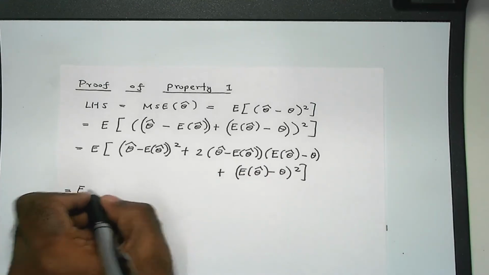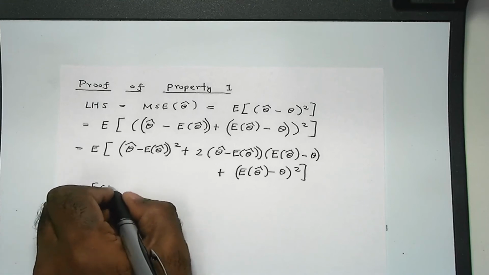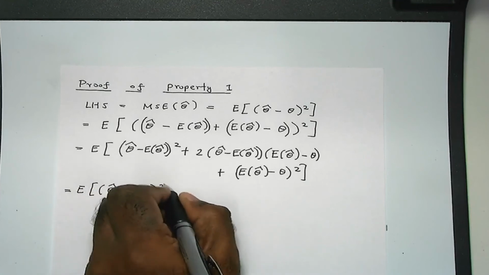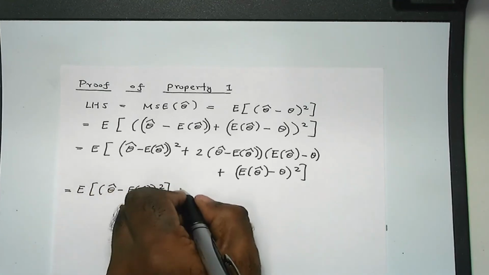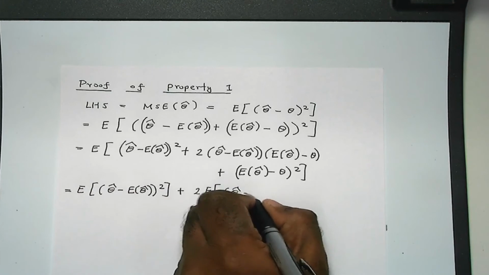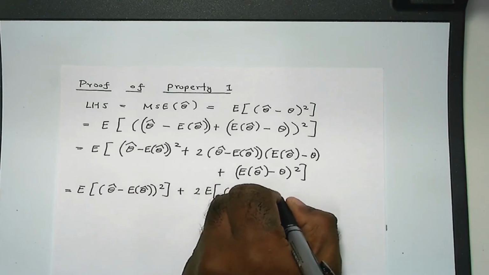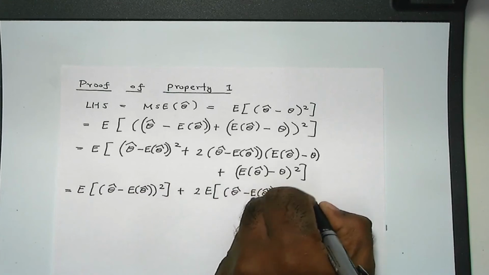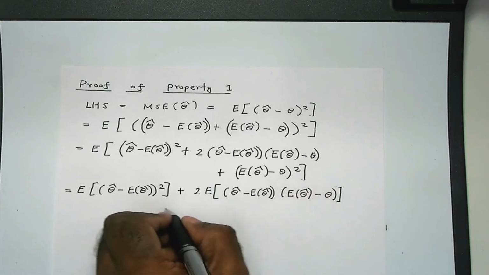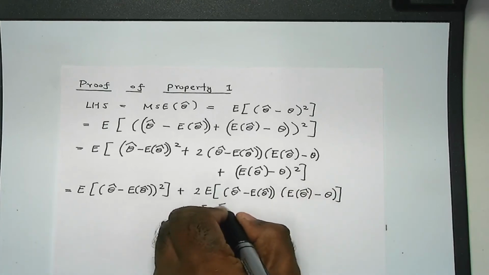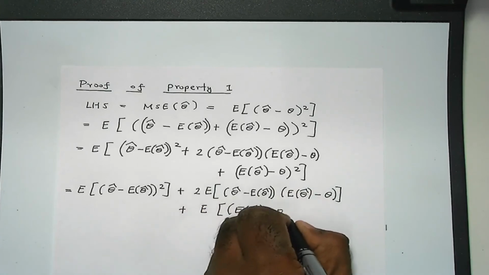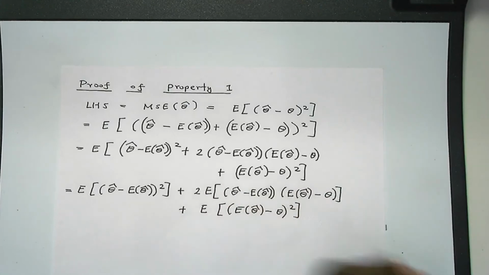So this is the expectation of this, plus 2 times the expectation of this, plus the expectation of this.